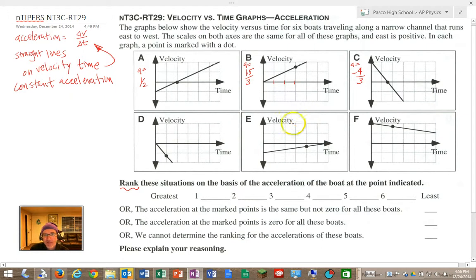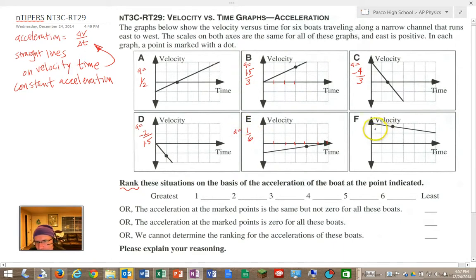Remember that all the accelerations on these are the same because the lines are the same. This one has a rise of -2 all over 1.5. This has an acceleration of 1 over 1, 2, 3, 4, 5, 6. 1 over 6.